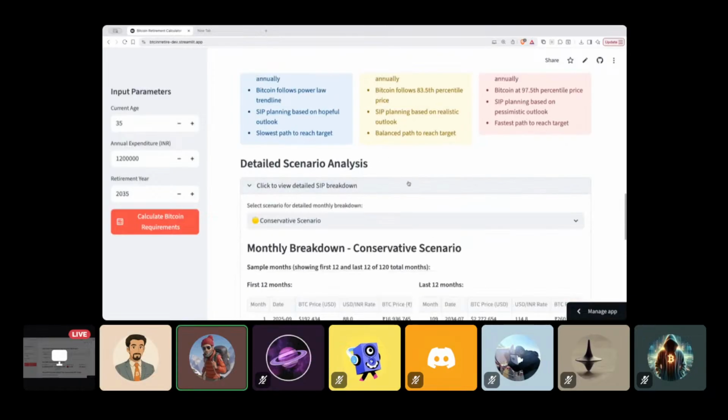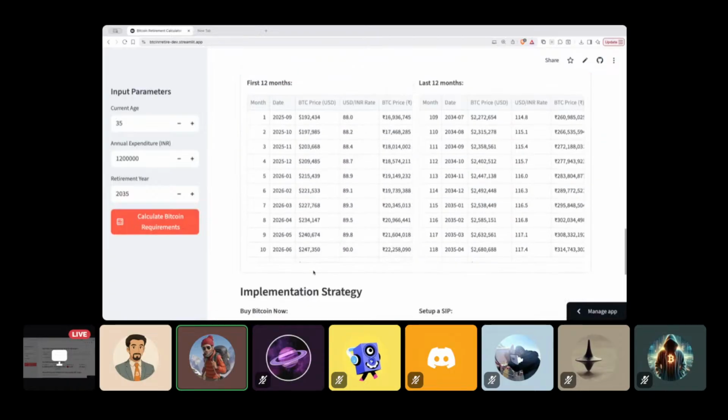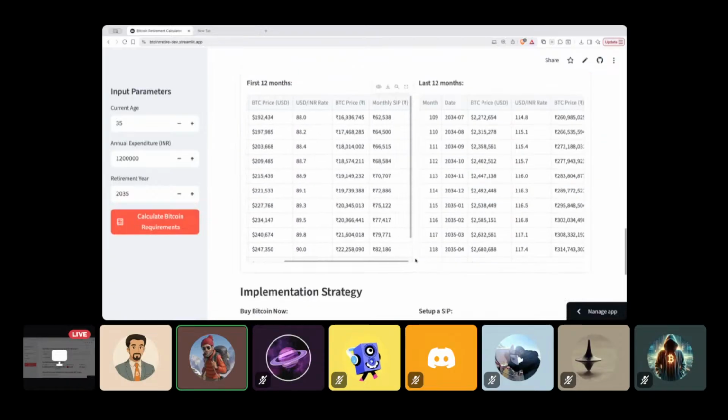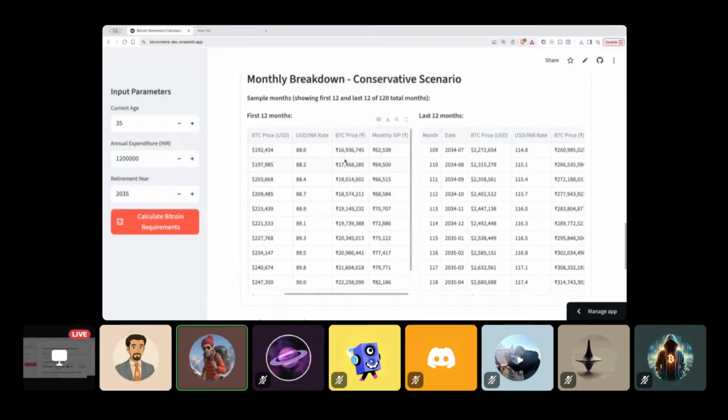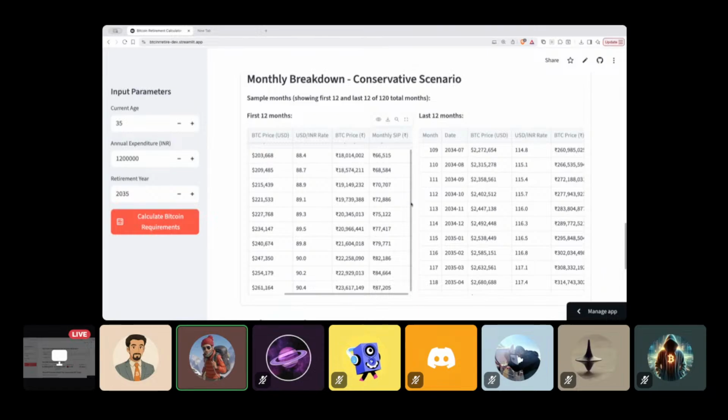Other things, I have given some detailed SIPs that you will be doing, for the first 12 months in the conservative case. Your monthly SIPs will start from 62,000, and it'll keep on increasing because the price will also keep rising, and you'll have to keep up with the price.